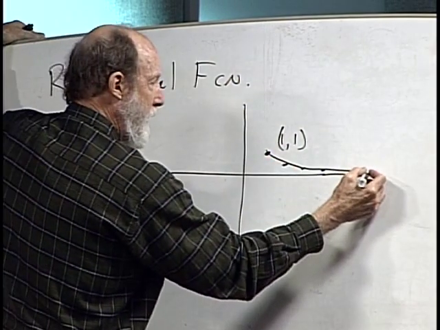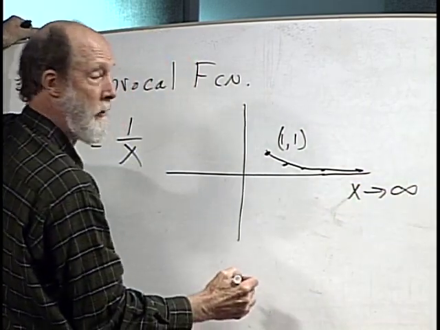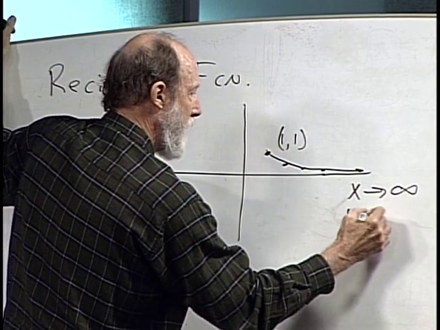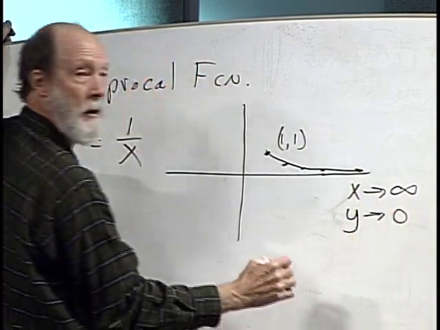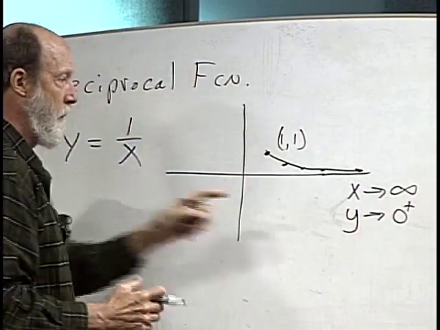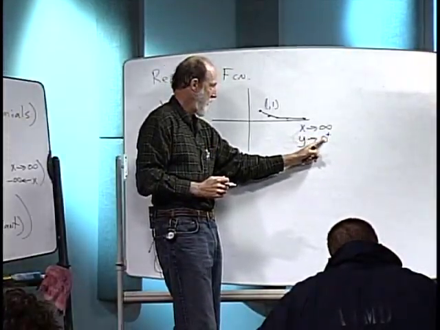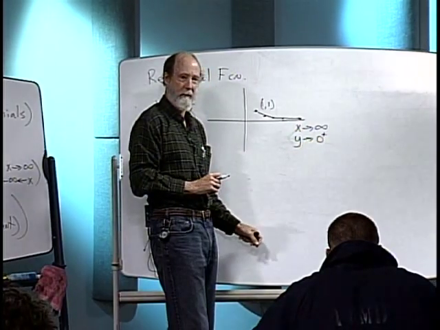As x approaches infinity, looking on your number line, y is approaching 0 from the positive side. See the little superscript with a plus sign? That means a number very close to 0 but slightly positive.